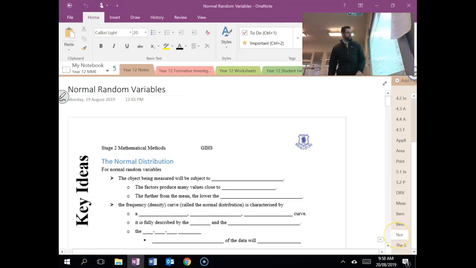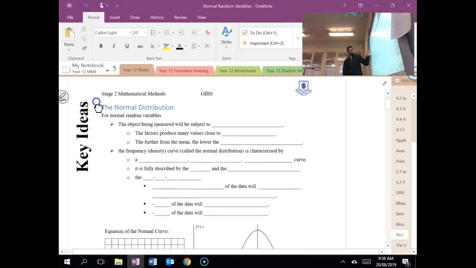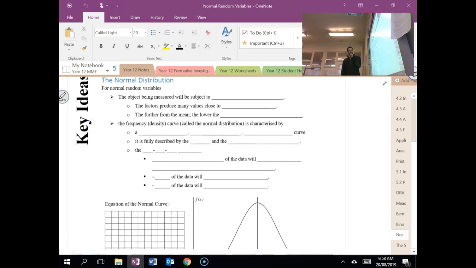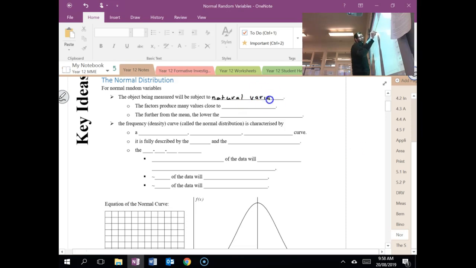Okay, all right. So we're looking at normal random variables. That's our aim. So if we've got a normal random variable, then it's going to be subject to what we call natural variation. So the result is going to be subject to natural variation.